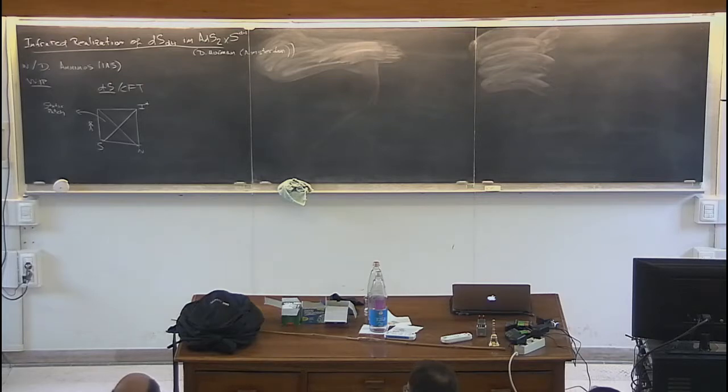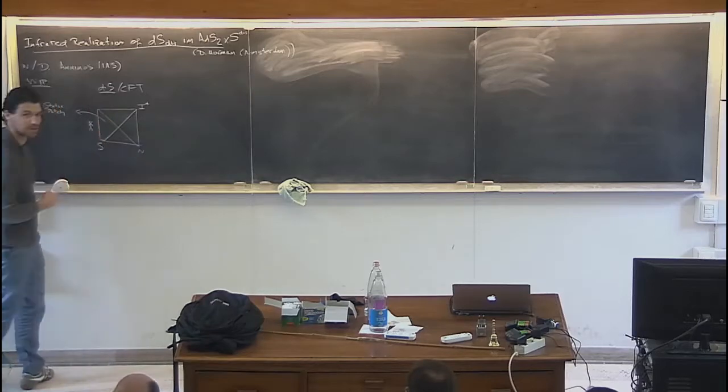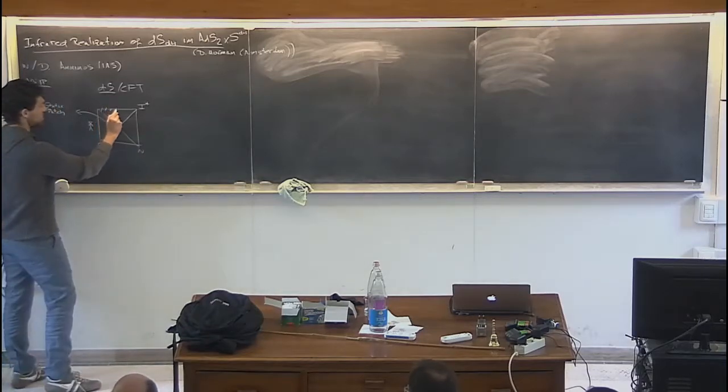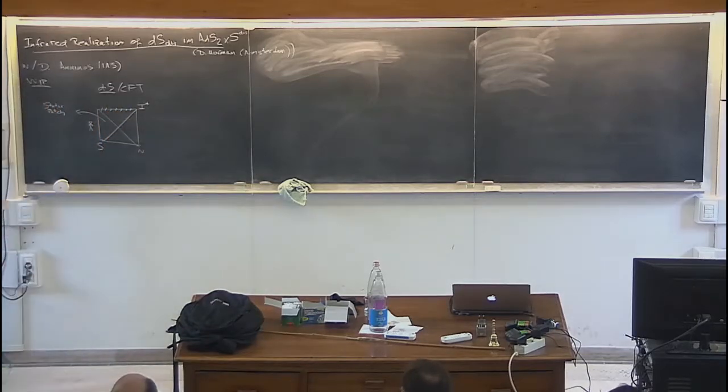And what you want to do in this case is rather obvious, which is that you'd like to find some asymptotic region like in AdS where you can put some boundary conditions and maybe try to ask some questions in a dual field theory. And then the obvious place to do that under this dogma is here, at scri plus.